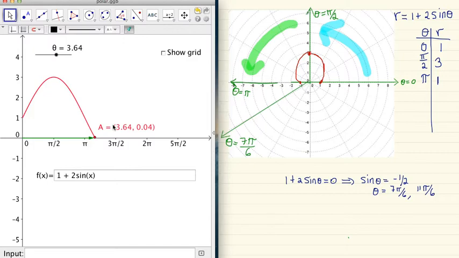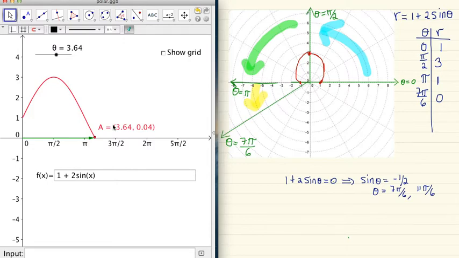So I'm going through these angles from pi to 7 pi over 6, and r is 0 there, that's an angle where r is 0.